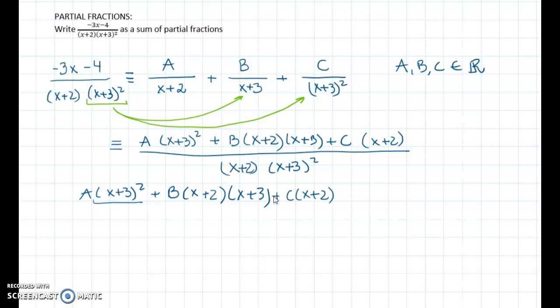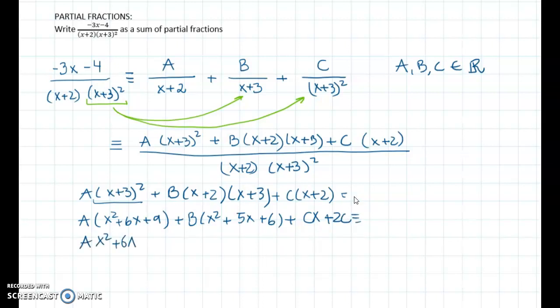So we need to expand each of the terms and we will get the following. We have, multiplying a, x² + 6x + 9, and then multiplying b, x² + 5x + 6, and then we can already apply the distributive property to get cx + 2c. And now this is ax² + 6ax + 9a + bx² + 5bx + 6b + cx + 2c.